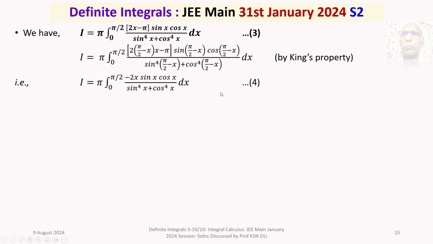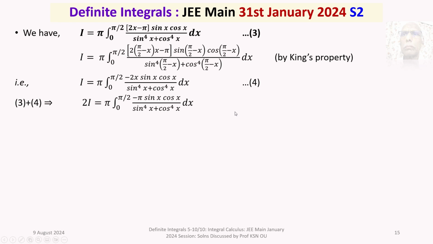Now, if you add these two, 2x and minus 2x will cancel and you will get a minus pi here. So, 3 plus this, 2I is equal to pi into integral 0 to pi by 2 of minus pi, the remaining thing as it is.